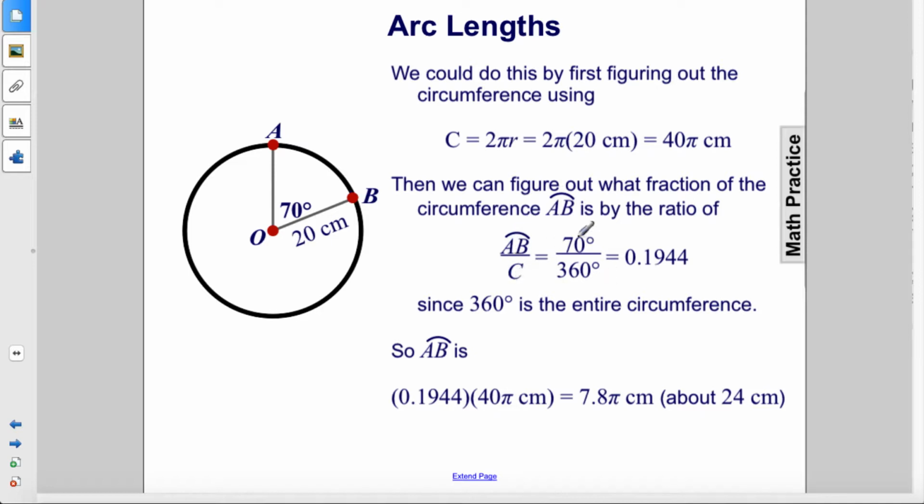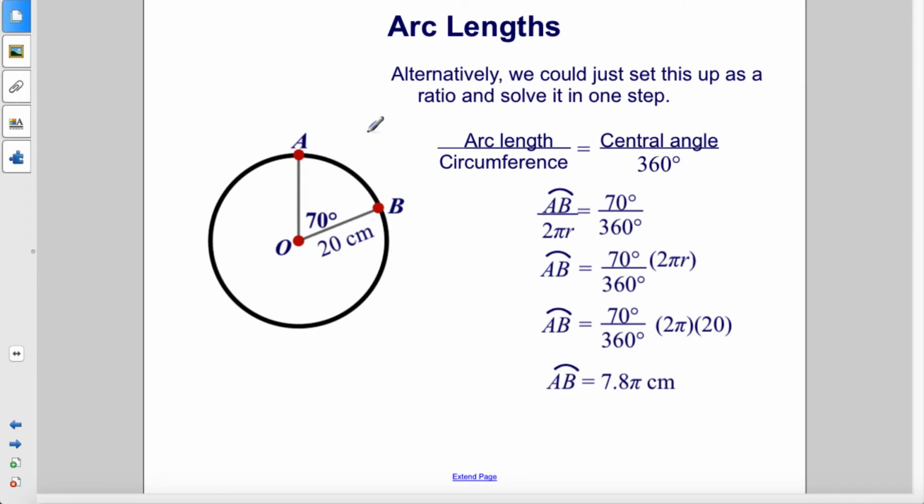So AB over C equals 70 over 360, which equals 0.1944, since 360 degrees is the entire circumference. So arc AB is 0.1944 times 40 pi centimeters, so that is equal to 7.8 pi centimeters. So 7.8 times around 3.14, giving us about 24 centimeters as our arc length.